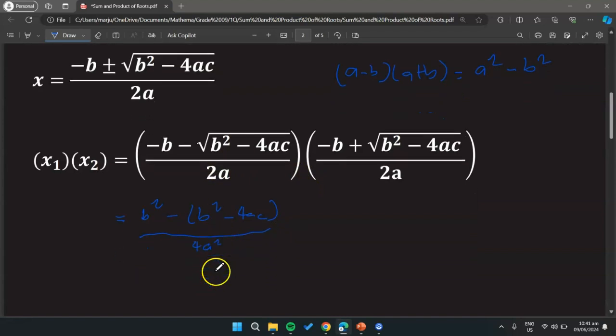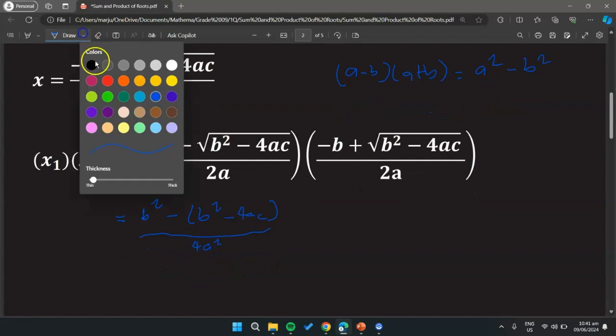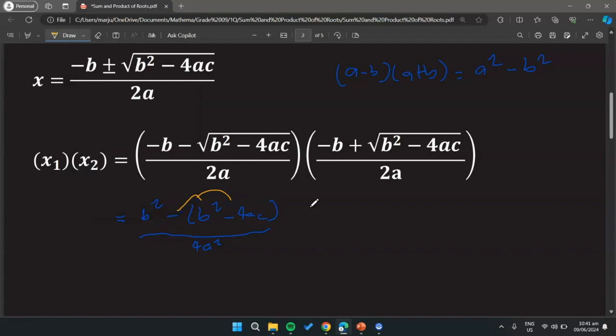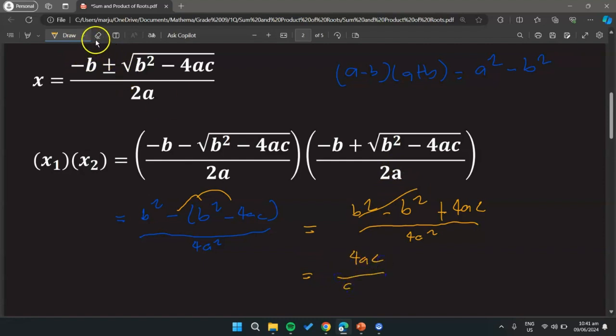If we simplify this, distribute the negative sign, we will get b squared minus b squared plus 4ac all over 4a squared. And this b squared will be cancelled out. You are left with 4ac over 4a squared.